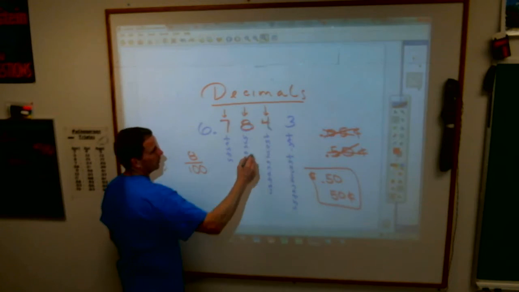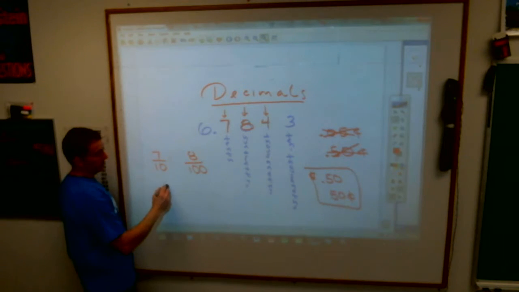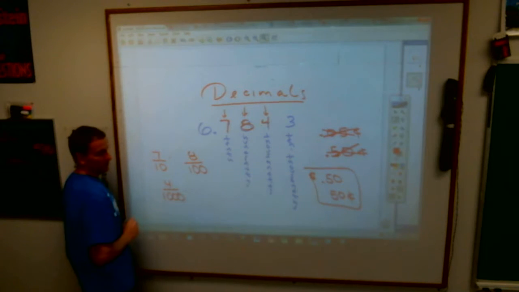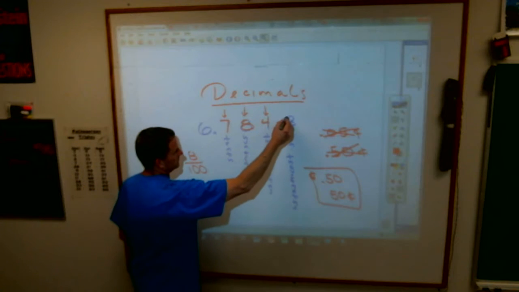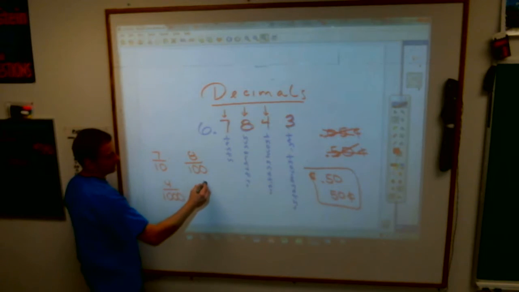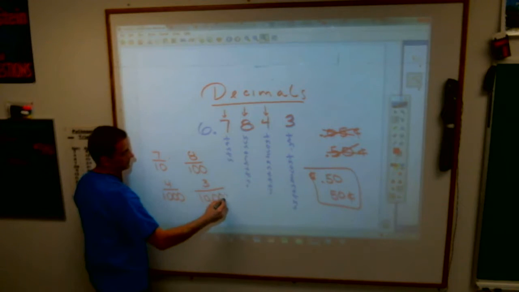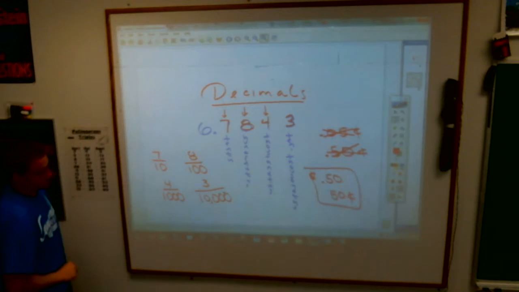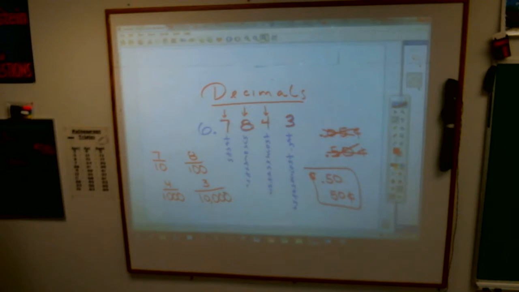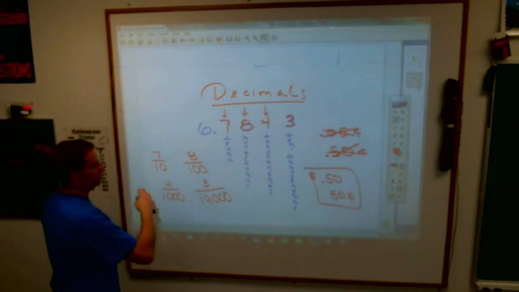This is 4 thousandths, which means as a fraction, it's 4 over 1,000. You're getting kind of small. And then this one is 3 ten-thousandths, and that's very tiny. Those are very small fractions, of which you probably don't want to deal with that. But you need to be able to.